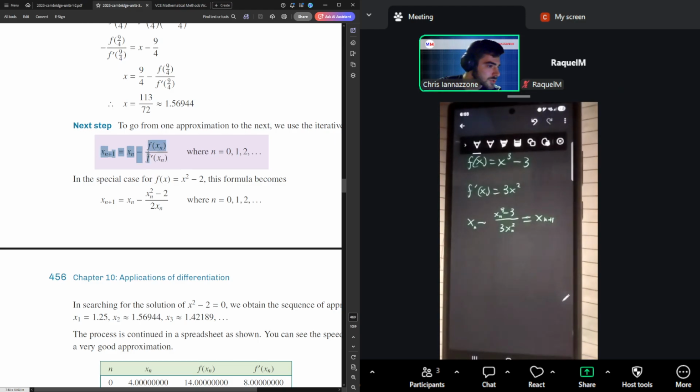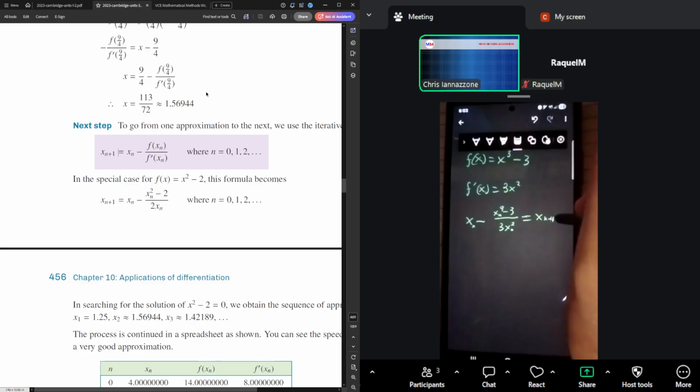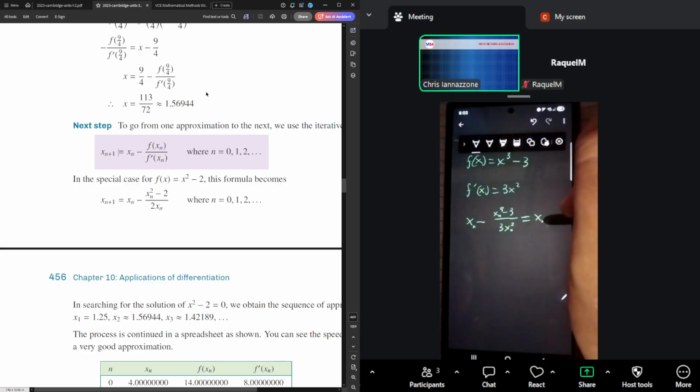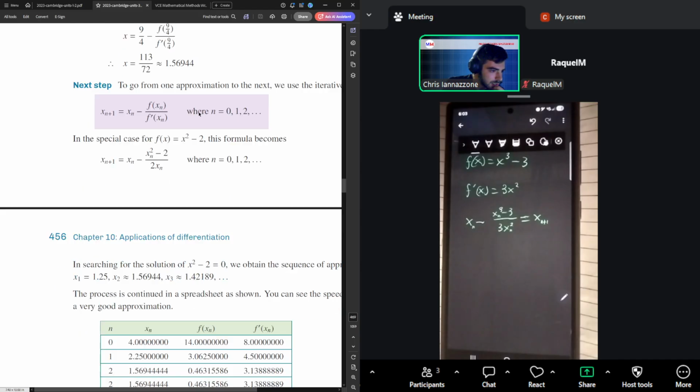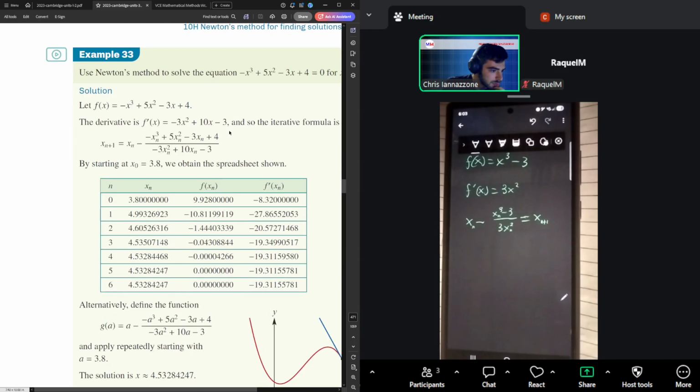If you look back on the screen share, that's the generic. Whatever the equals is always xn plus 1, where the plus 1 is in the subscript. I'll try to make that a bit more obvious in mine. Because the whole idea is looping through multiple x guesses, more or less.